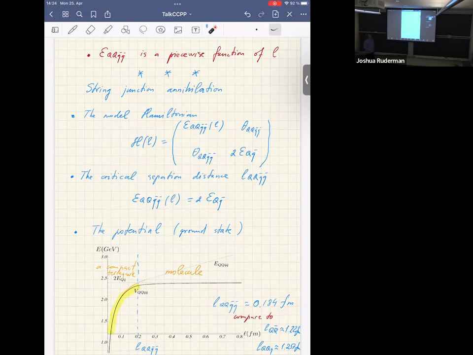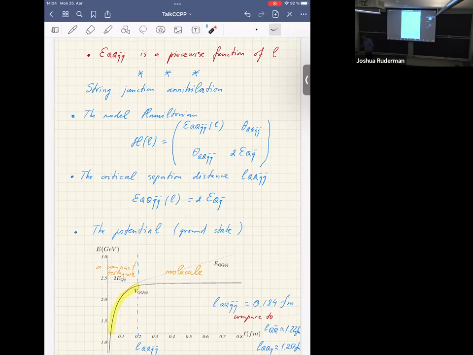And why is it small? Because there is absolutely different physics behind it. What physics? It's the physics of string junction annihilation instead of string breaking. What happens here is that the baryon vertex annihilates with the anti-baryon vertex, and due to that a pair of mesons appears.